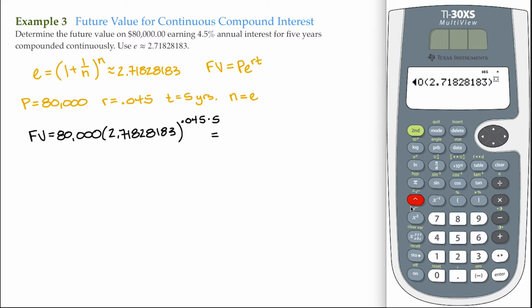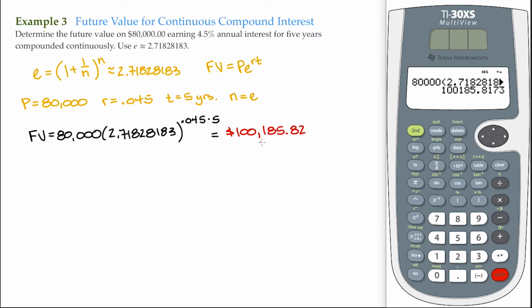Raise that to the 0.045 times 5 power. Hit enter. And that's 100,185, and of course we'll round to the nearest penny, and that's 82 cents.